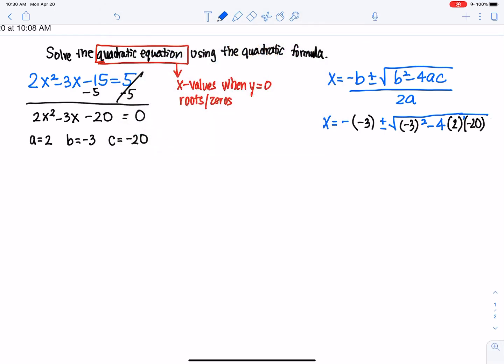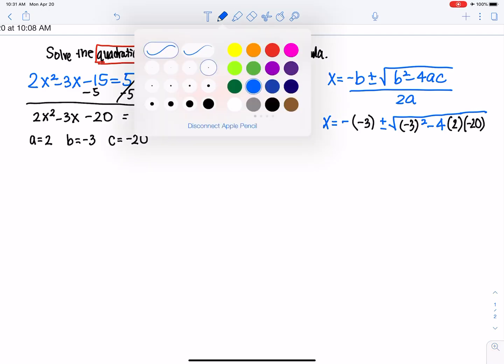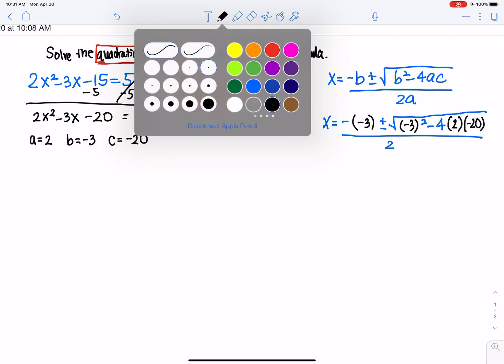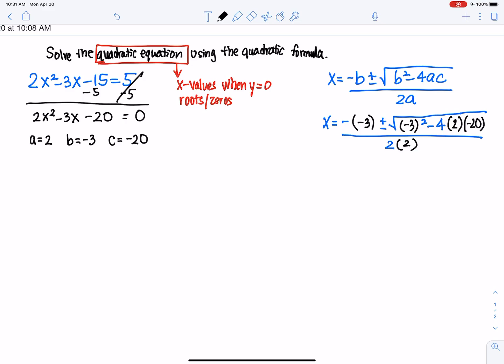So if you see here, so far, anything that's in the formula, I kept it blue. And anytime I plugged in my value for a, b, and c, we put it in black and in parentheses. And this is all going to be all over 2a. And the a here is parentheses 2.